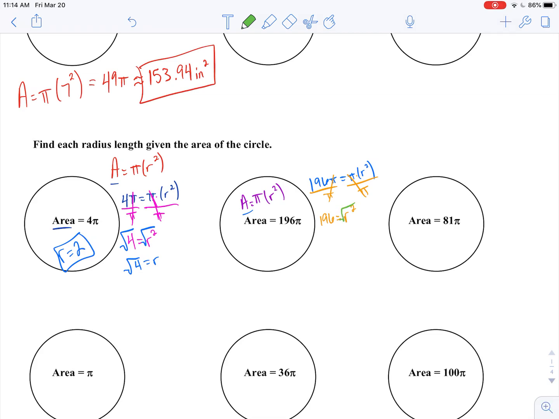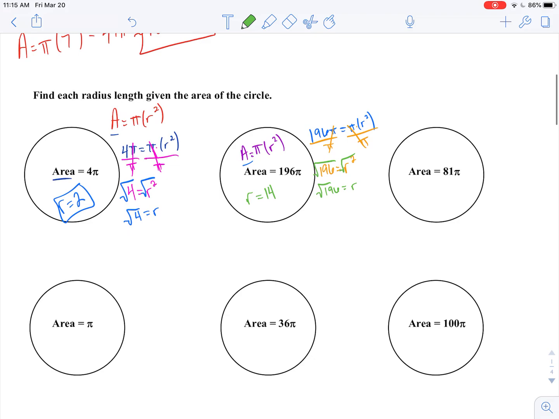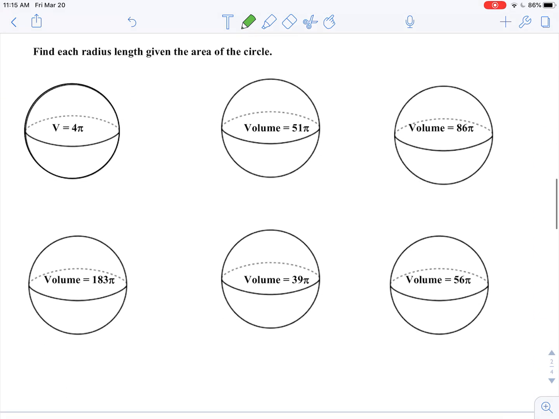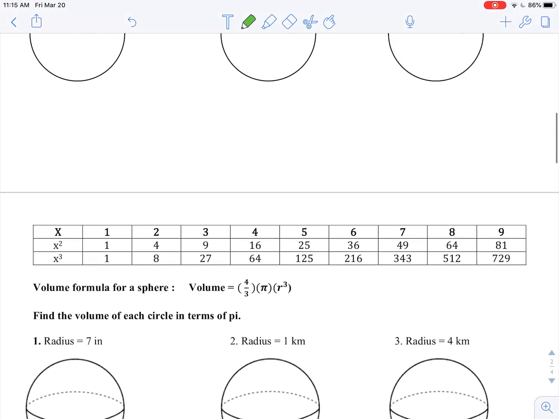And now I want to get rid of the exponent to get r by itself. So what's the opposite of squaring a number? That's just square rooting. So square root of 196 equals r. So r is 14. I'll do one more with you, then I'll leave you to do the last 3.